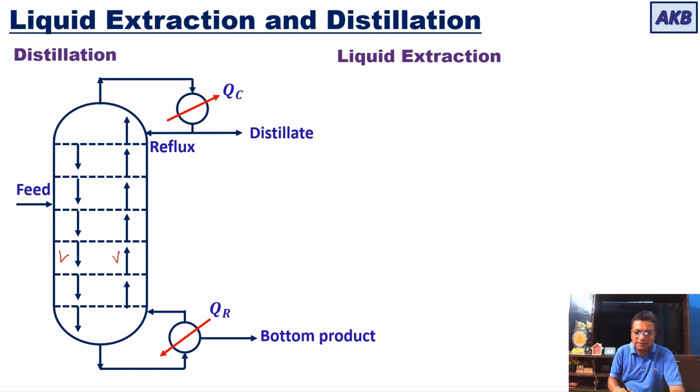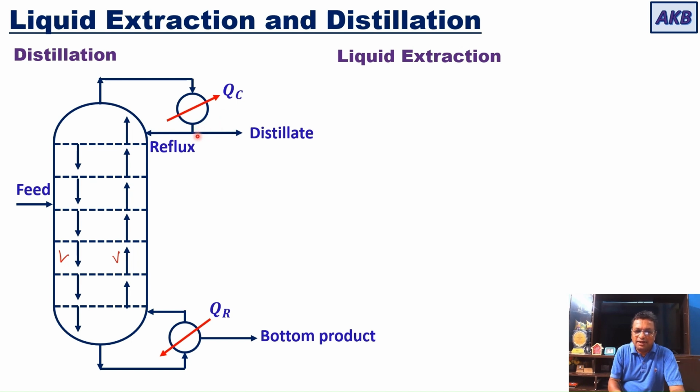And how is that done? That is done in the reboiler. In the reboiler, the liquid phase is heated to create the vapor phase. And when you go to the condenser, cooling water is used to cool the vapor and then to condense it. So in that process, certain heat will be removed.